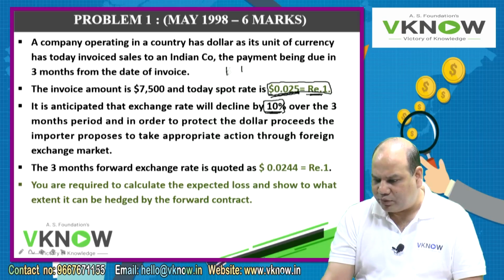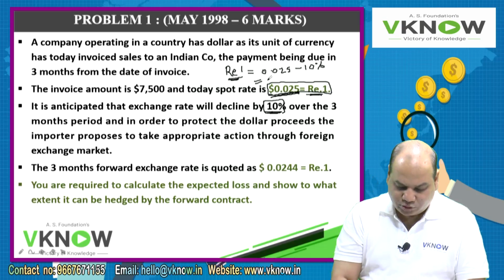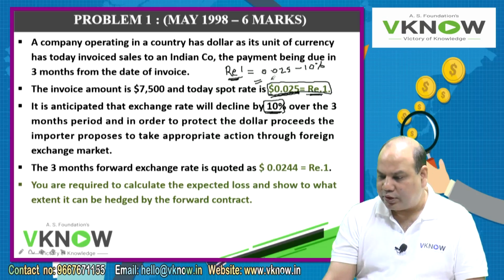I will keep rupee 1 as it is and make the adjustment in the dollar part. So the exchange rate after 3 months will become 0.025 minus 10%, that is 0.0225.